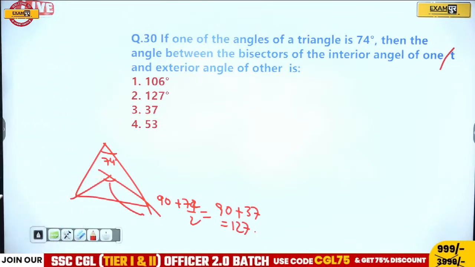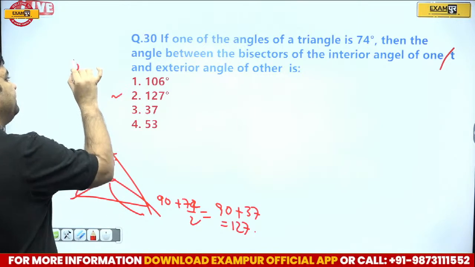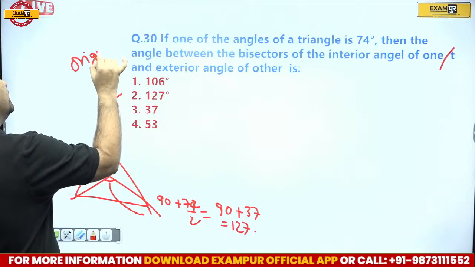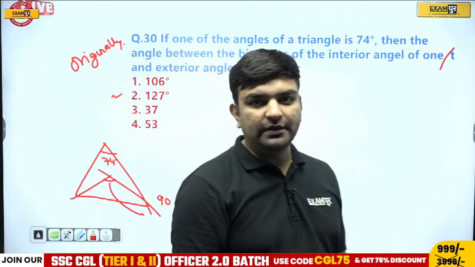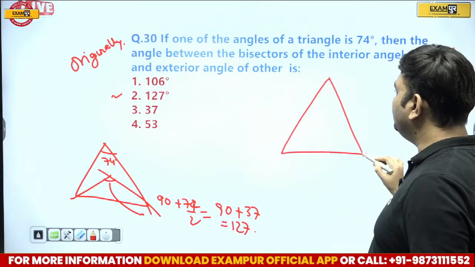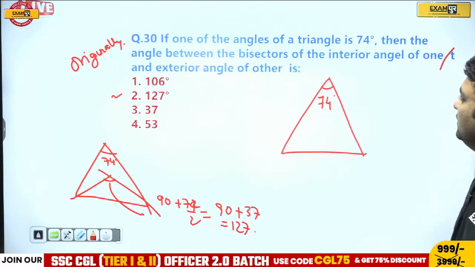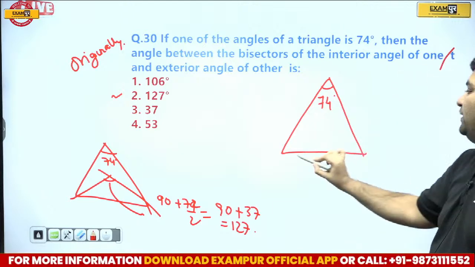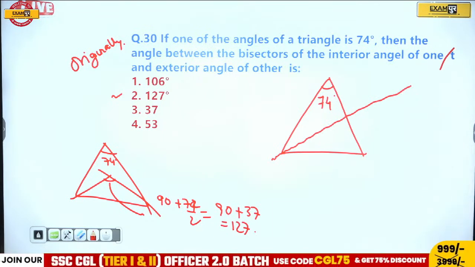Originally this question was this. But I have done some edit and made it a question: one of the angles of the triangle is 74. Then the angle between the bisector of the interior angle of the one and the exterior angle of the another.